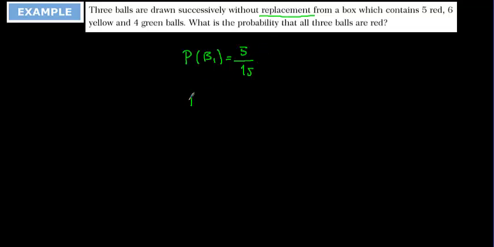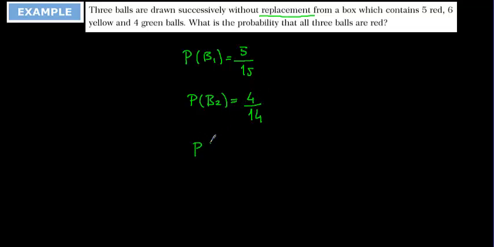And the probability of the second ball. Now we know that the first one is red, so we are going to select from 14 balls, and 4 red balls remain.